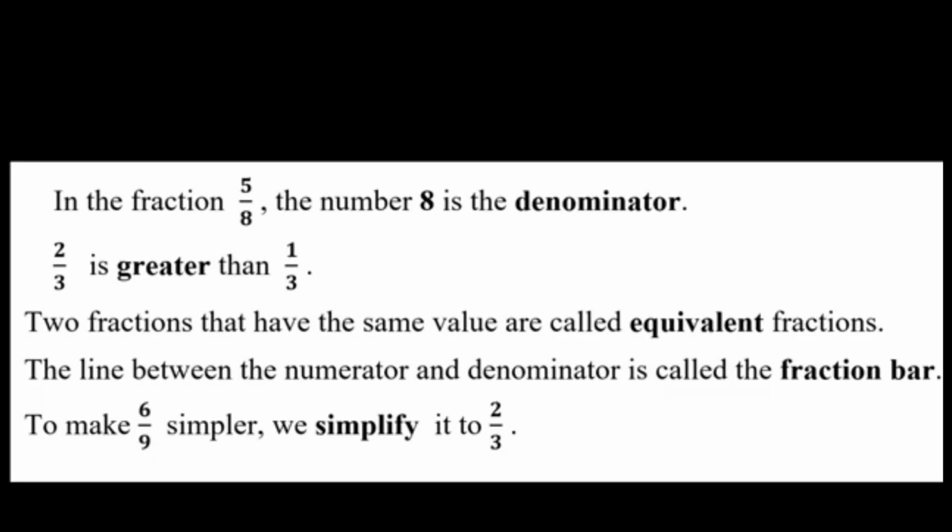In the fraction 5/8, the number 8 is the denominator. Two-thirds is greater than 1/3. Two fractions that have the same value are called equivalent fractions.